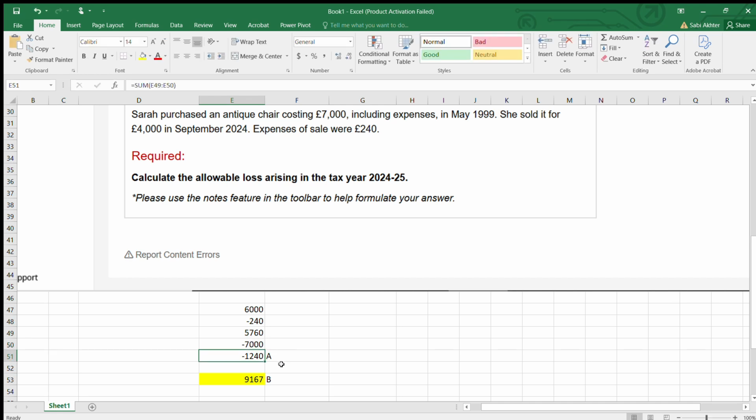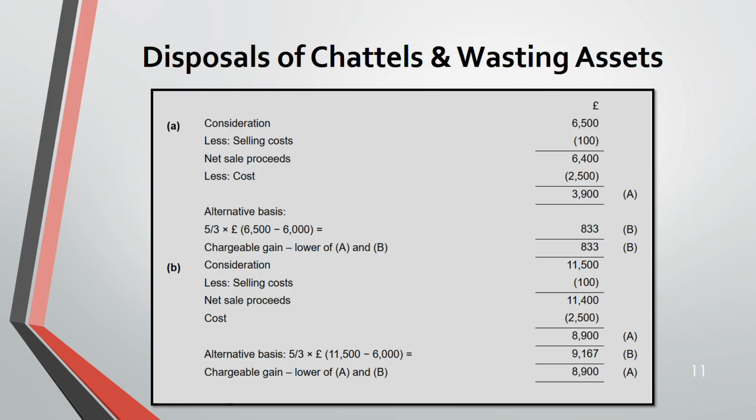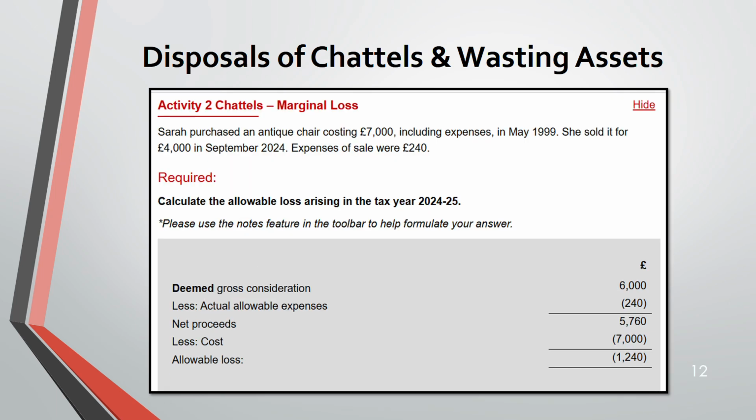So the loss is 1,240. That's it. This is how you calculate the allowable loss. So this is the answer for activity 2. We have calculated the allowable loss. Instead of the actual proceed, we have put 6,000.